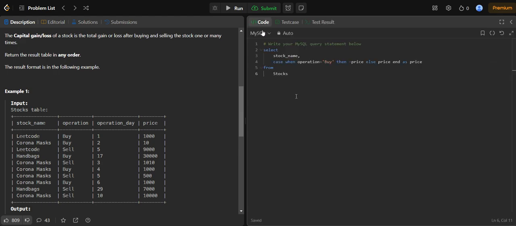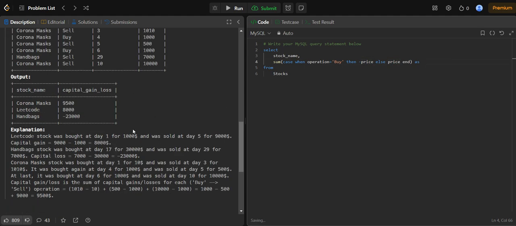Okay. Now let me improve the code. Now if I sum all of this, whatever this returns, if I sum this and write the name, what is the column name for the output table, capital_gain_loss.